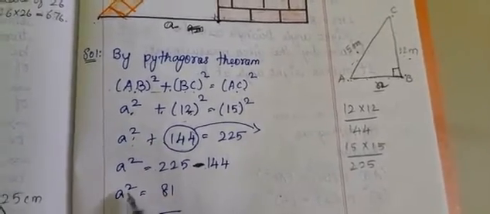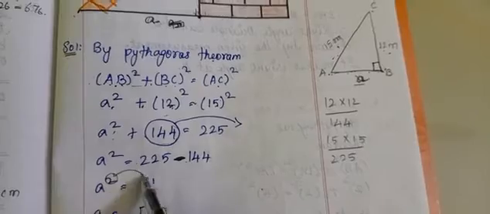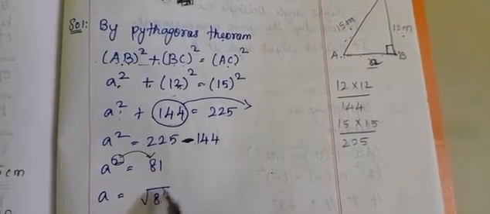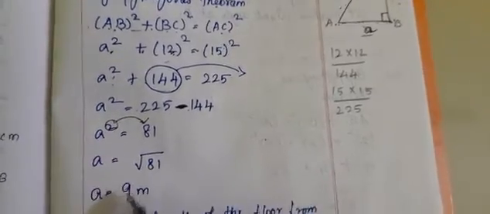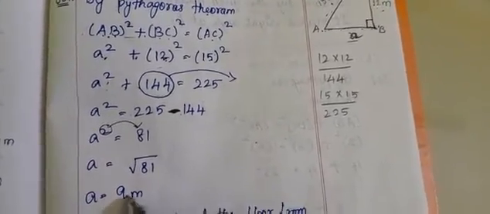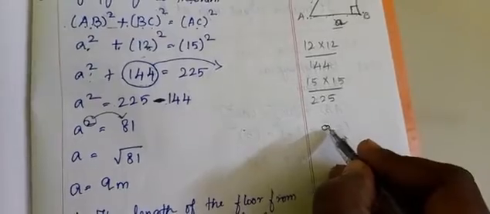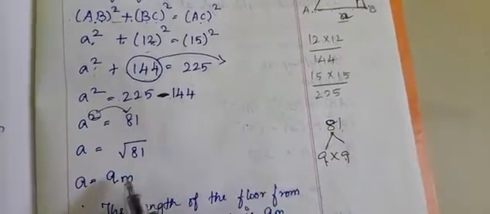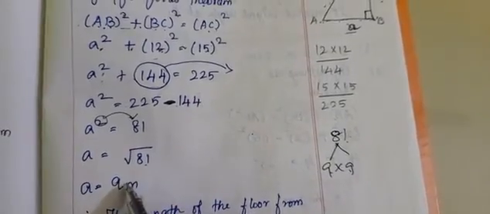If you transpose the square to the opposite side, it becomes a square root. A is equal to square root of 81. We know that the square root of 81 is 9 because 81 we can write as 9 into 9. 9 9s are 81, right? So square root of 81 is 9 meter.